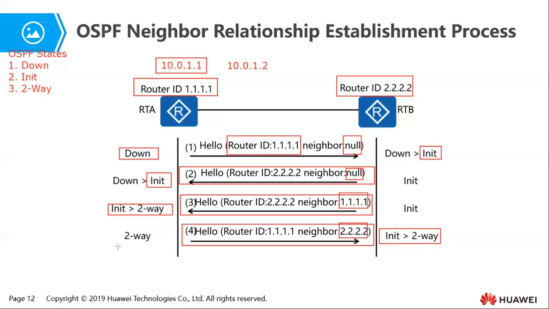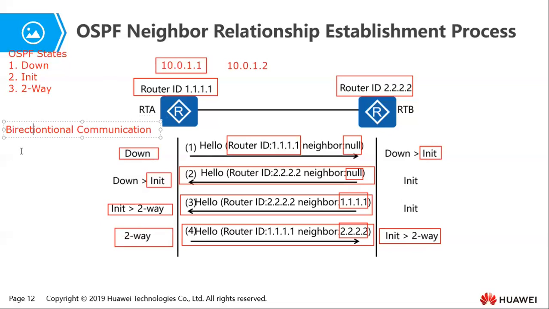Now, it's only when you are on the two-way state that we say that you have achieved what we call bidirectional. This is important, bidirectional communication. See, some of these terms I'm insisting on, you're going to get them in the exam.